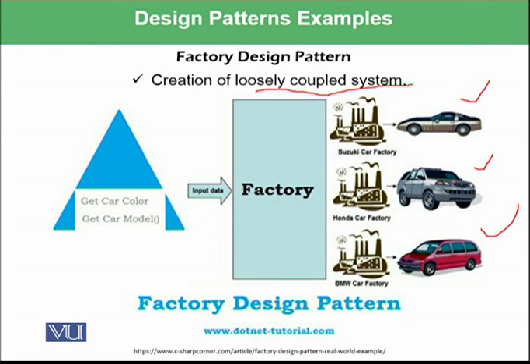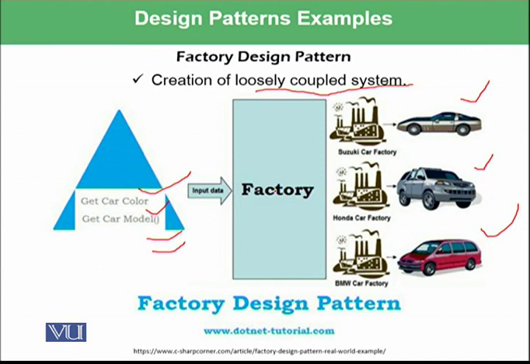So the factory design pattern takes some inputs from the user. It says, okay, tell me the color of the car, the model, and some other options which may be taken from the user, and those are inputted to the factory. This doesn't mean that the factory starts manufacturing the car for that particular user.